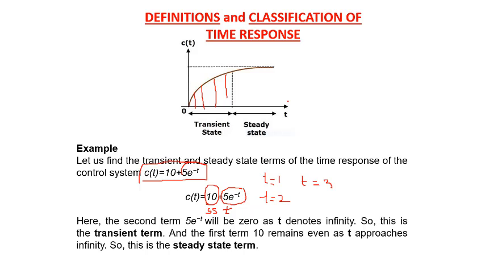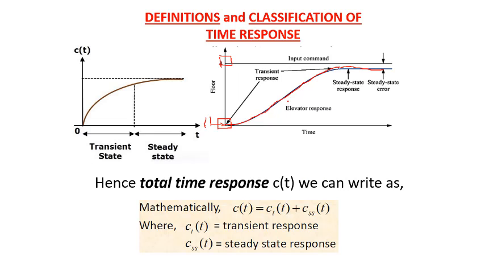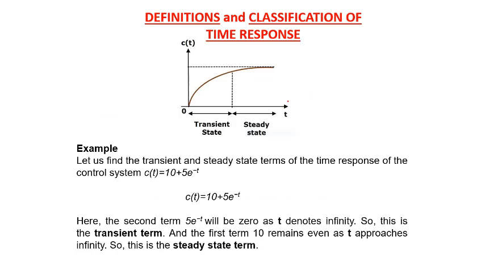Let's understand the steady state and transient state by taking one example of how it appears mathematically.